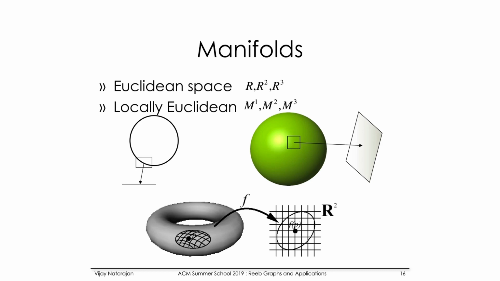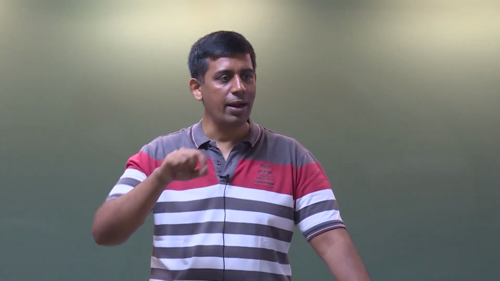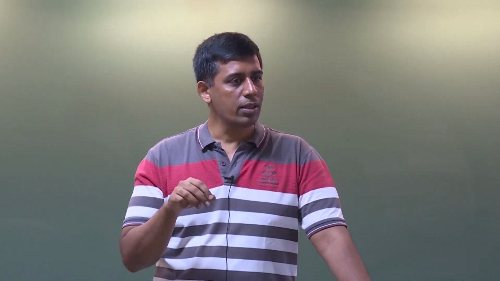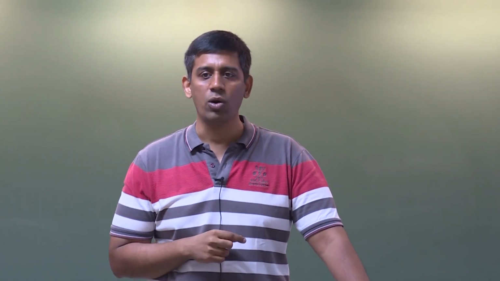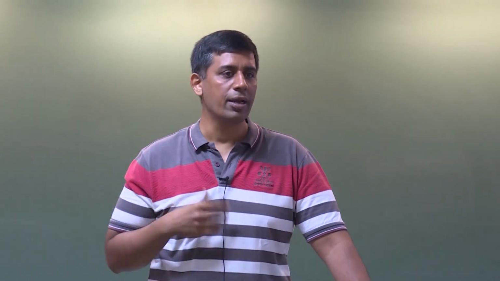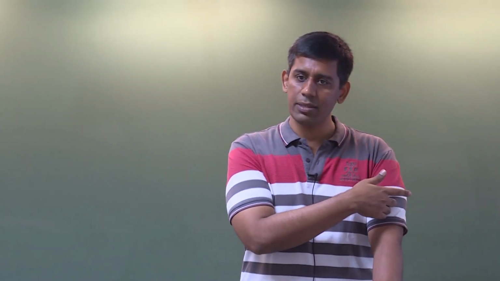This holds even in higher dimensions. You take a sphere, you take any point. If you are an ant living on that sphere, then what you see is flat land. So you see R2. Similarly, R3 and so on. So we work with such spaces that are locally Euclidean. These are called manifolds. So manifolds can also be like this. This is a torus.